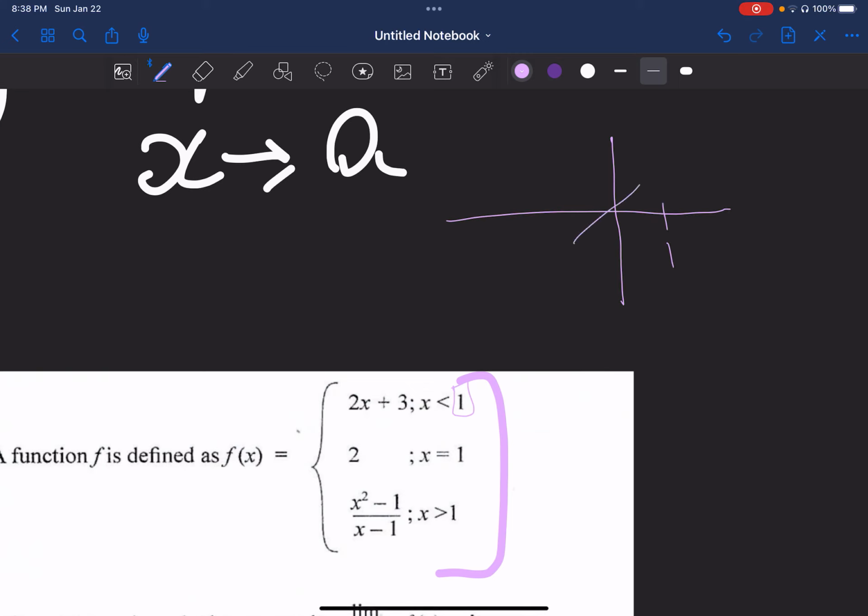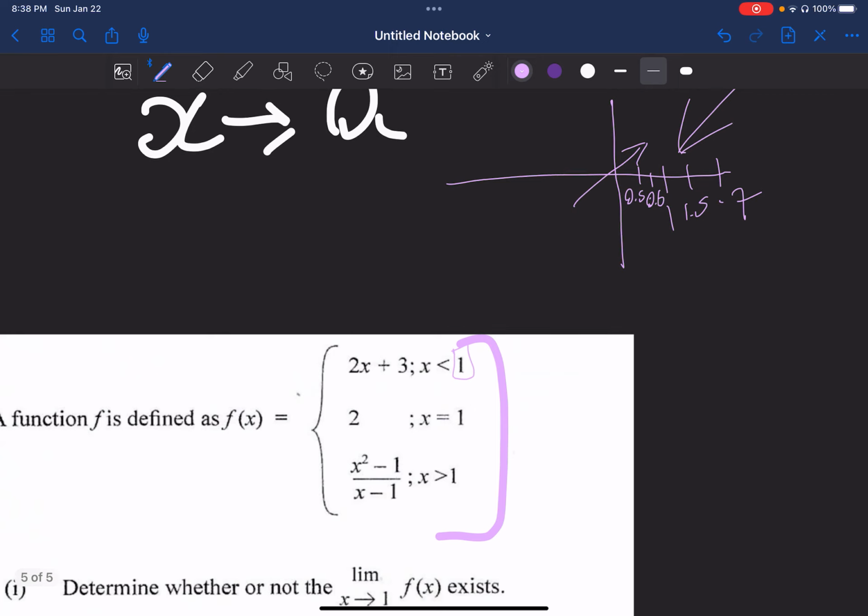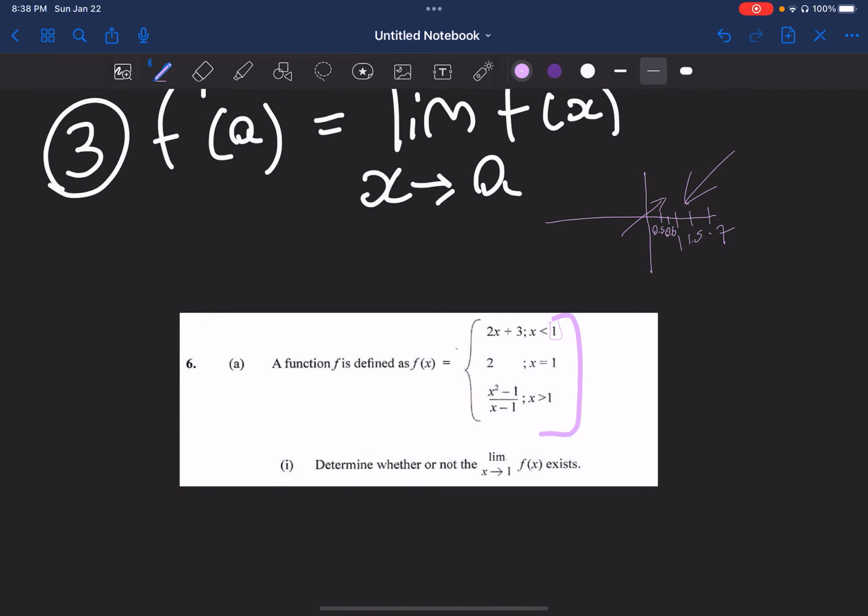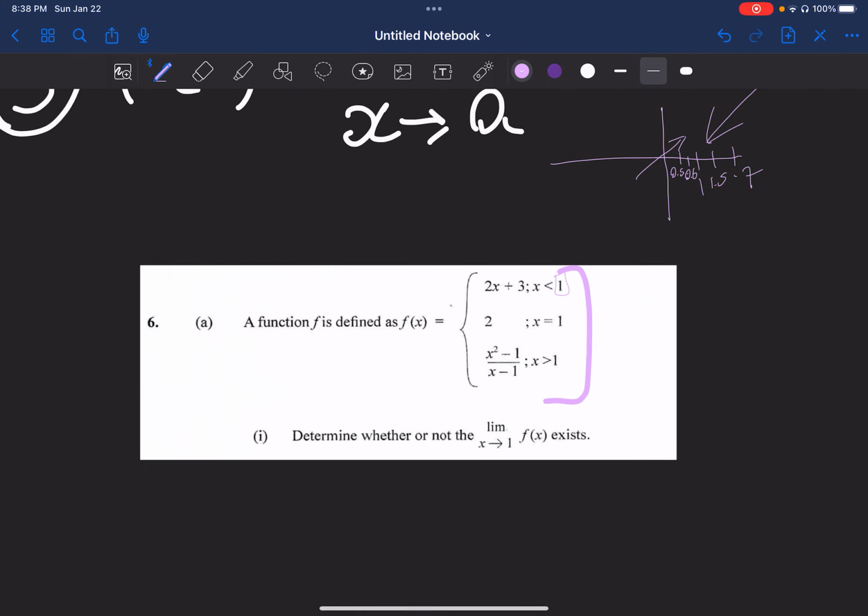And when we're coming from the left-hand side, x is less than 1, you'll have 0.5, 0.6, etc. And when it's coming from the right, it will have 1.5, 1.7, things that are greater than 1. So when x is less than 1, we're coming from the left-hand side. But regardless, we'll determine whether or not this limit exists.